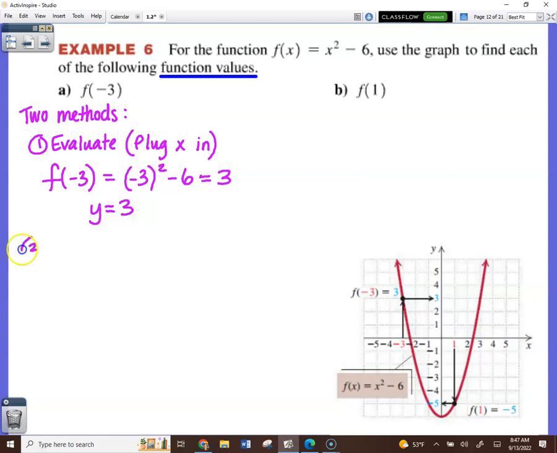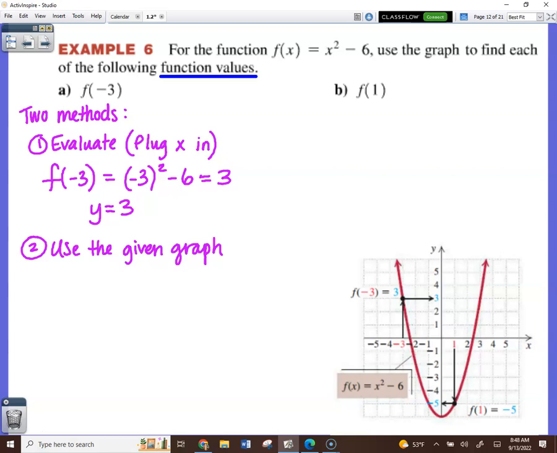The second method is use the given graph, which is a lot faster when the graph is given because the point that you're looking for is going to cross the grid in the background perfectly. So if you look, we're trying to find out where's the graph when x is -3.